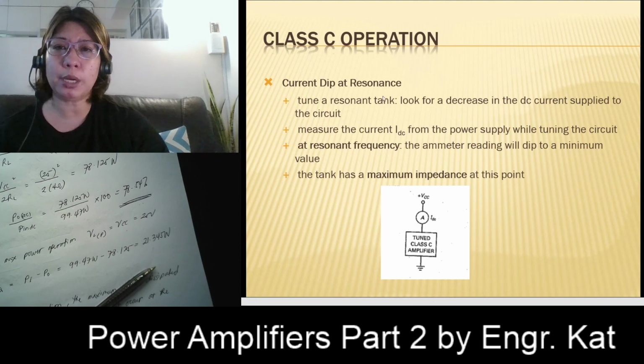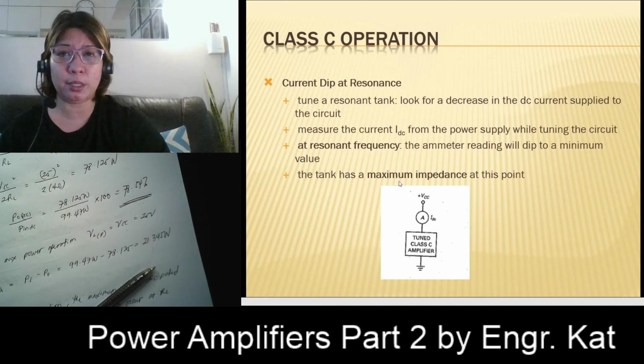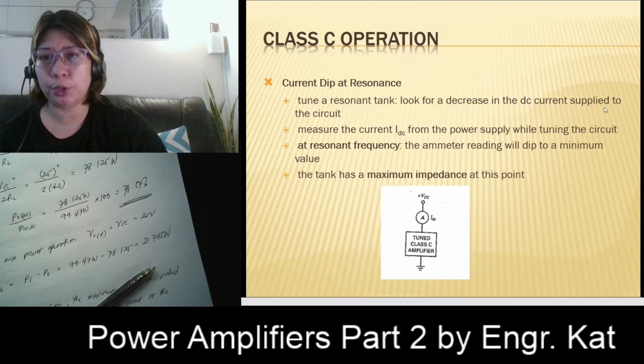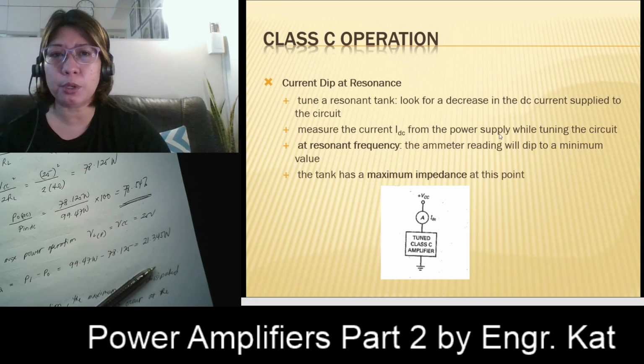So with a tuned resonant tank, to know that we are already tuned to a certain frequency, we're going to look for a decrease in the DC current supplied by the circuit. So measure the current IDC from the power supply while tuning the circuit.